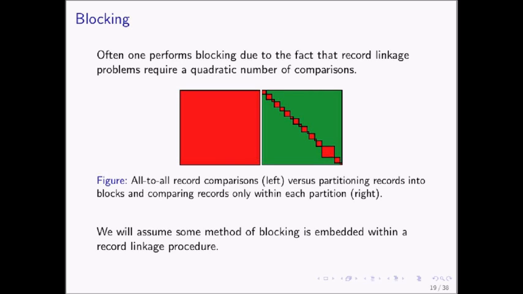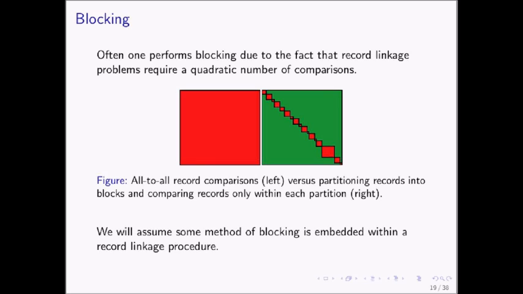Suppose I have two data sets, and I do all-to-all comparisons, and I have n total records, then I'm going to be doing n squared comparisons, and as n is really large, that's going to be intractable. So oftentimes, one will perform this notion of blocking or partitioning, because record linkage in practice requires a quadratic number of comparisons.